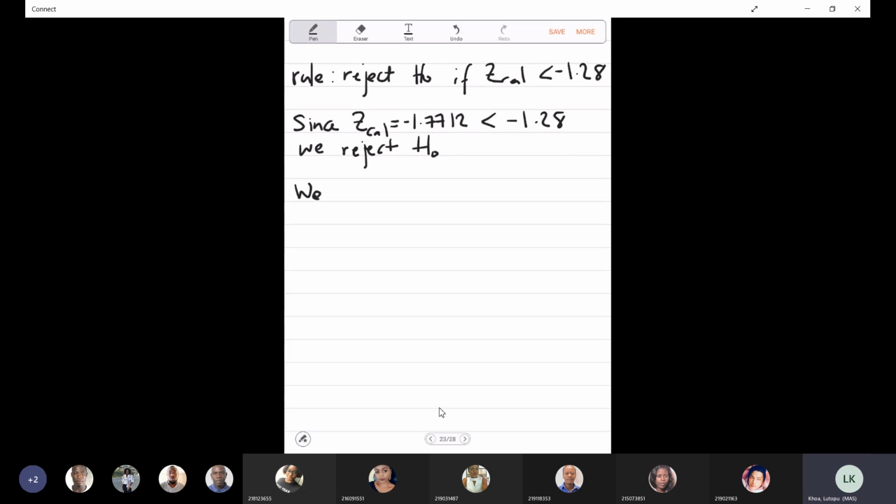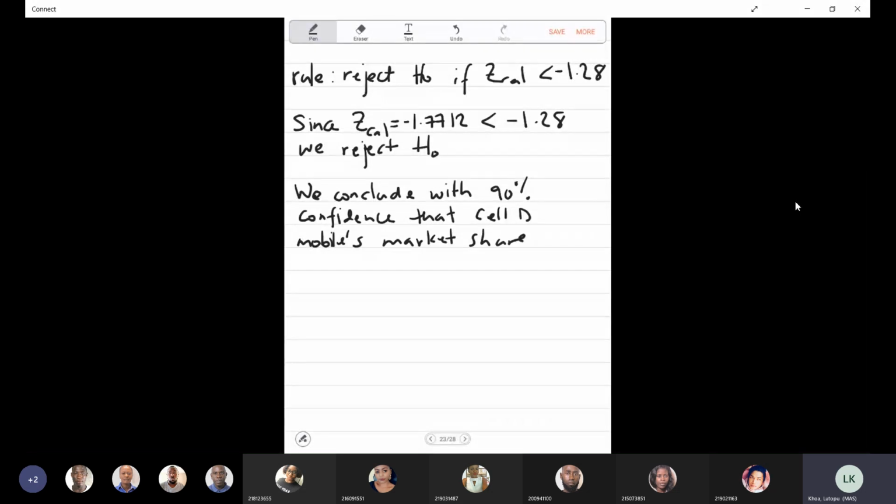We conclude with 90% confidence that Cell D mobile, its market share is less than 15%.